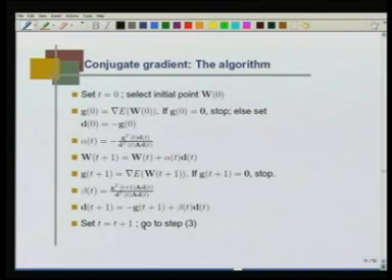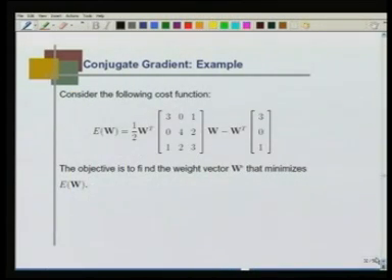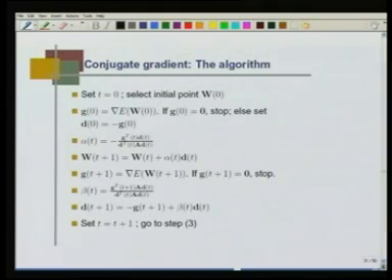So, we continue. From here we go again to this point. We computed alpha t, and then we computed beta t, and then we again go and compute alpha t and beta t.